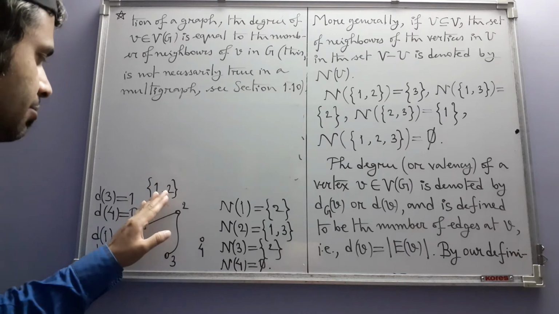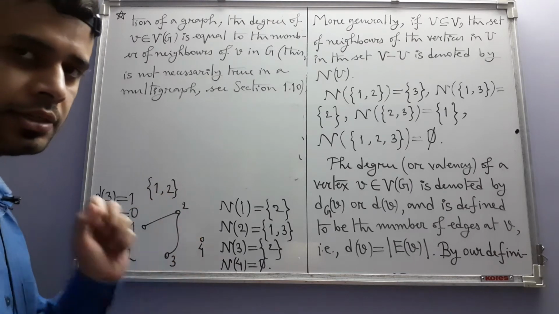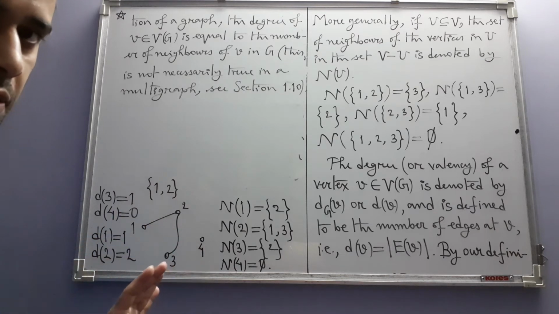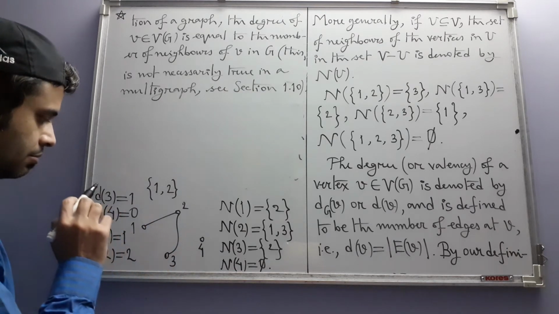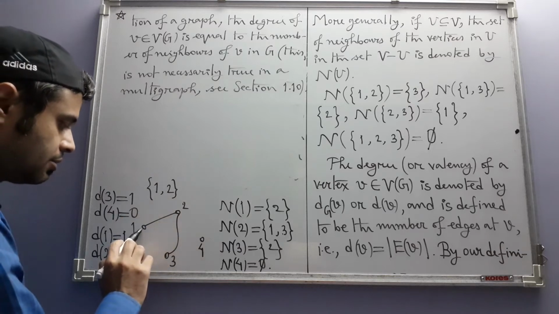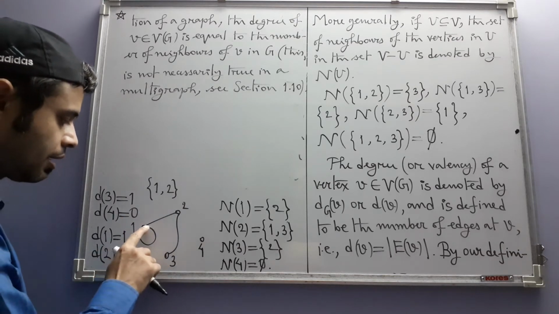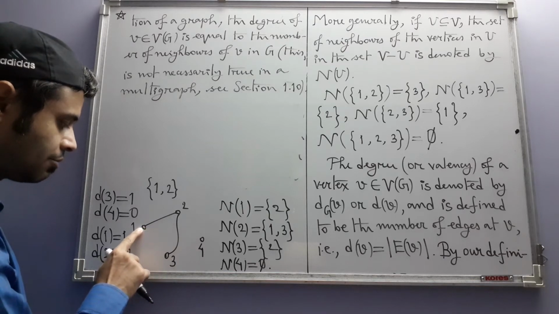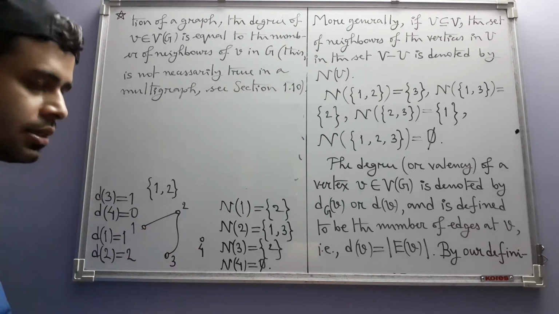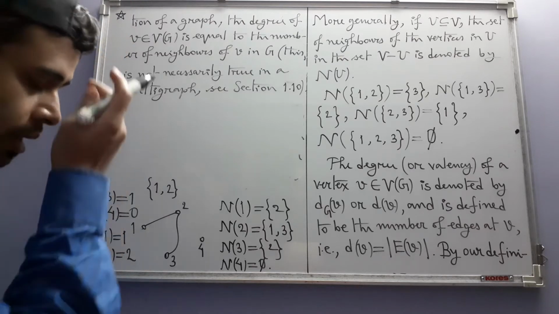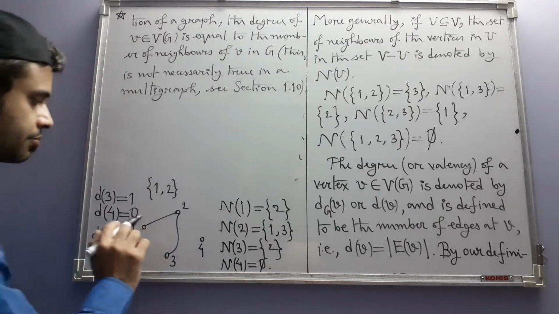That means the elements appearing in this set are distinct. We won't have the same element. 1, 1 is not an edge, and because it's not an edge, you don't see things like this. This is not allowed in our definition of a graph. Such structures are there. They are called pseudographs, but for us, we are not considering them.